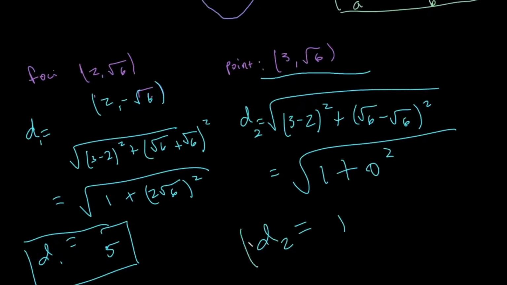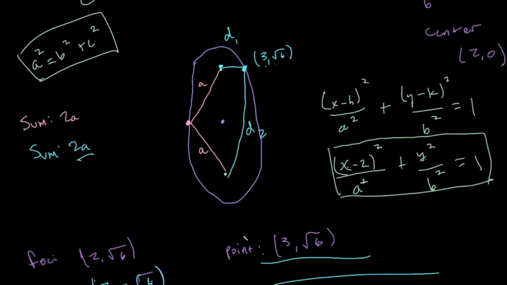So d2 equals 1. So going back, this leg is 1 unit, and this leg is 5 units. So 2a equals 6 units. So a equals 3 units. Since we found a, b is very easy to find. Any questions about this?